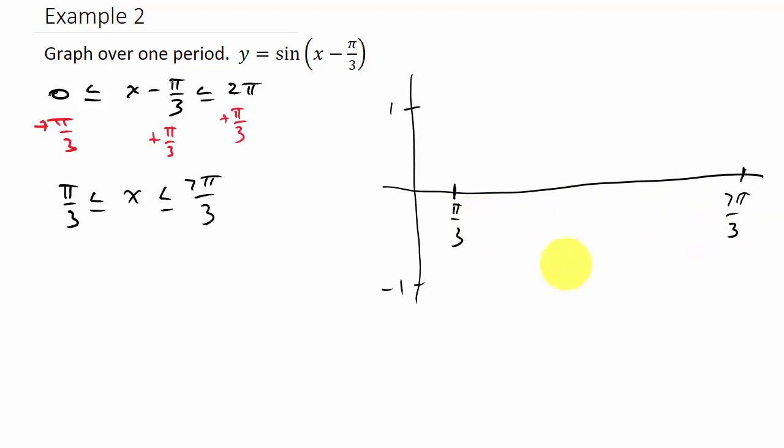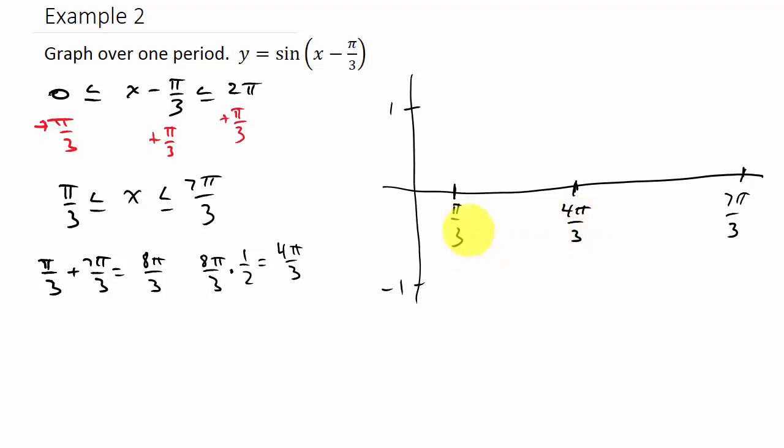So let's find our midpoint here. I need the midpoint between pi over 3 and 7 pi over 3. So pi over 3 plus 7 pi over 3 is 8 pi over 3. Then I take the 8 pi over 3, multiply by a half. The 8 and 2 will cancel, and I'll be left with 4 pi over 3. So that's 4 pi over 3.